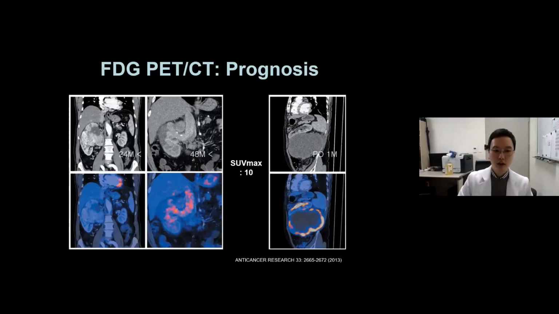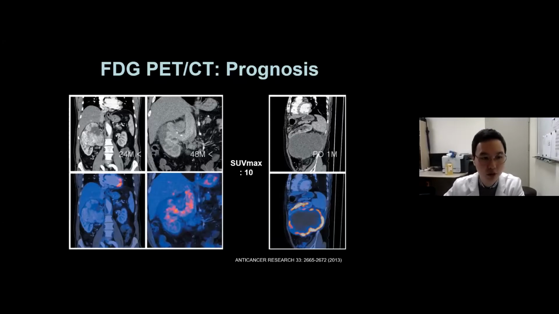And moving on, for the prognosis, there have been some papers that FDG avidity is related with the grade of the RCC, and accordingly, because it is related to the grade, the uptake has a prognostic implication.